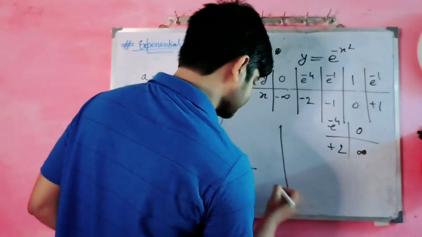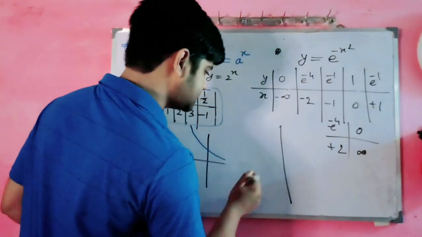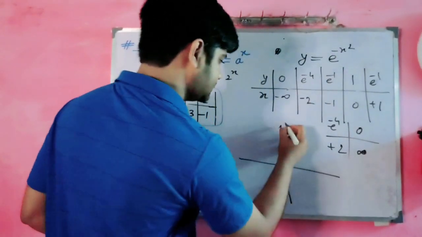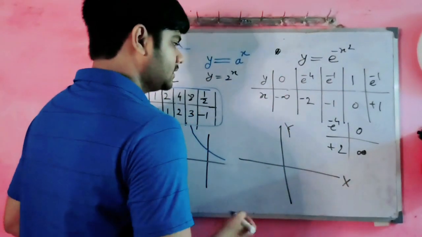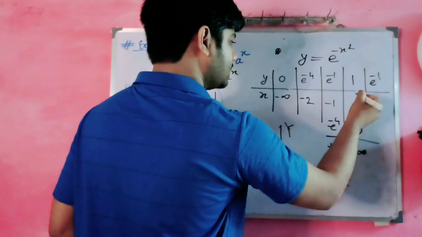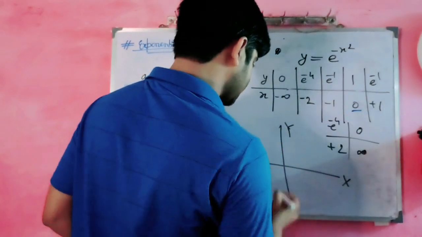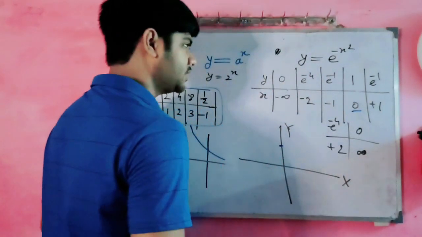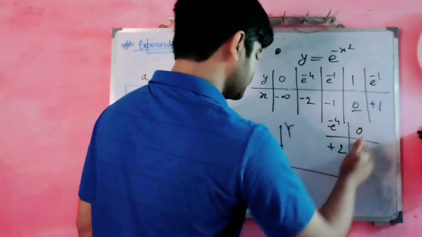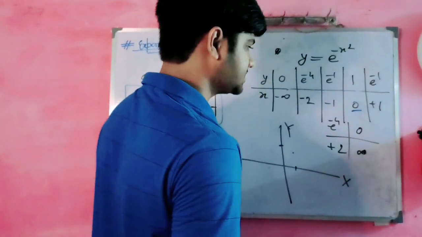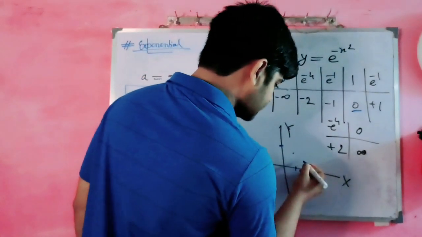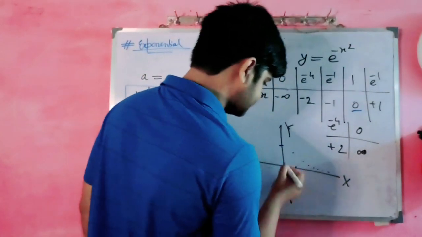How will the graph look? This is very interesting actually. This is y and this is x. For x equals 0, y equals 1. Now, when x equals 1, the value gradually decreases and it falls exponentially.